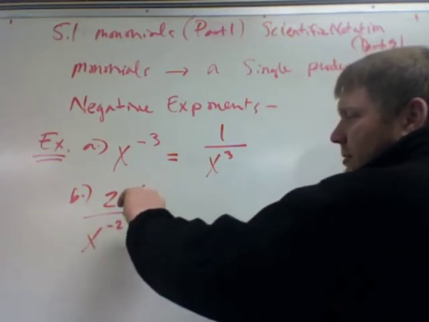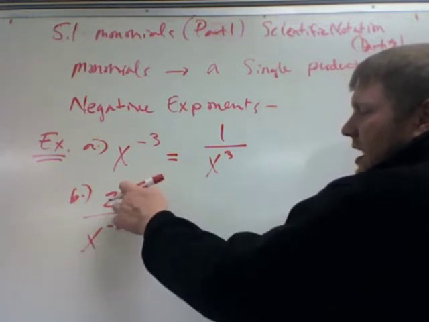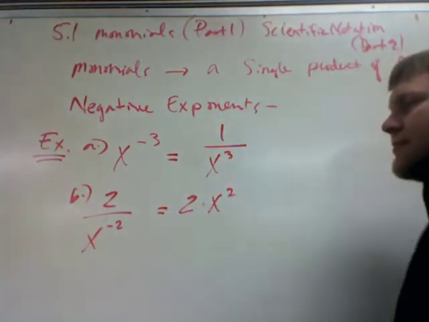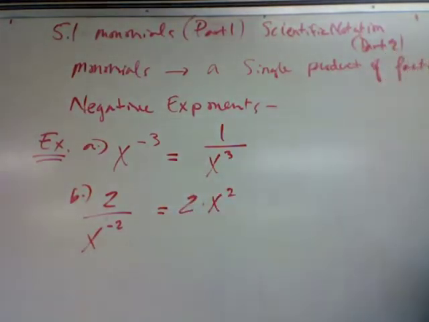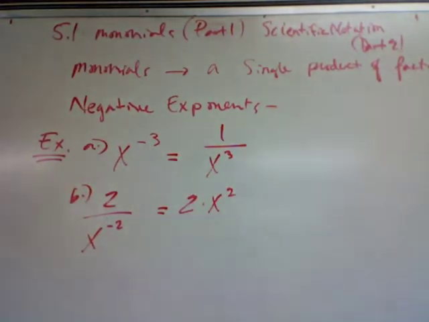So it's not the reciprocal of the entire fraction. What I end up getting is 2 times x squared. If you have a negative exponent in the numerator, put it on the bottom and make it positive, just that factor. If it's in the denominator, take it and put it up top, just that factor. Don't flip the entire fraction. So me saying reciprocal might not necessarily be the case.